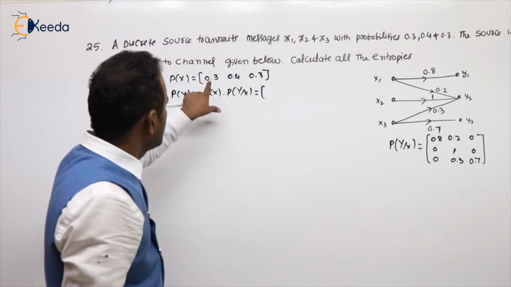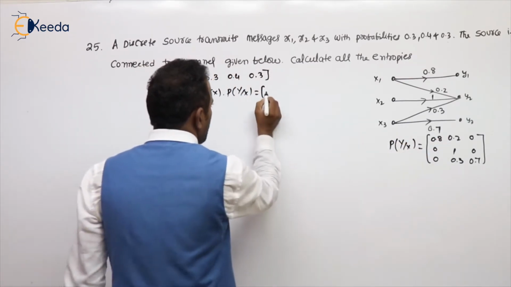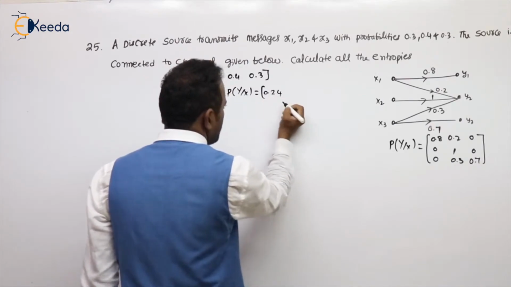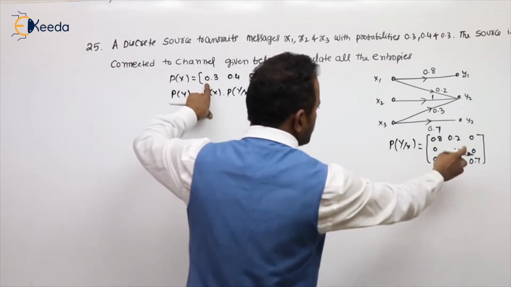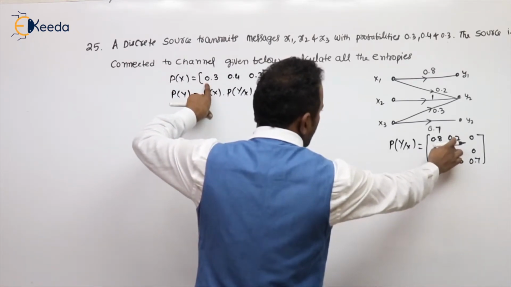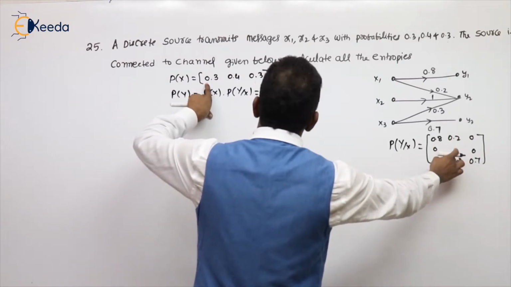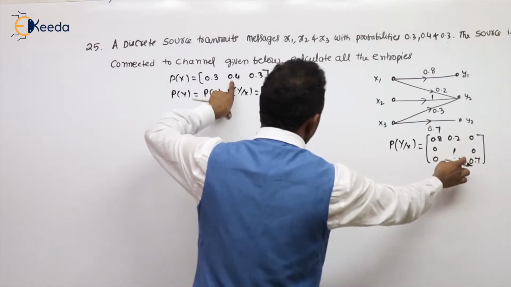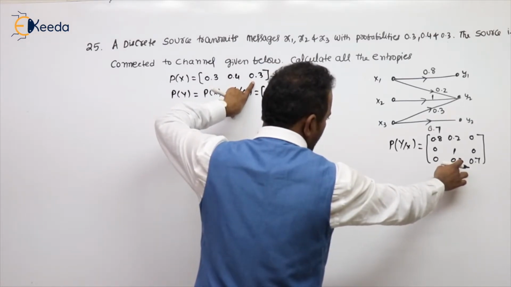Then you can say 0.3 into 0.8, 0.24. The remaining will be 0. Next, 0.3 into 0.2, it will be 0.06. Then it will be 0.4. Then it will be 0.9. Are you following my point or not?